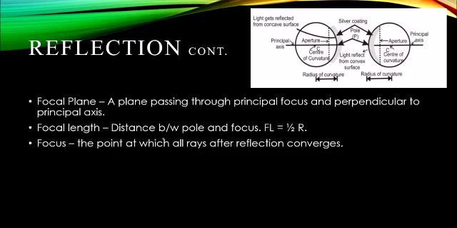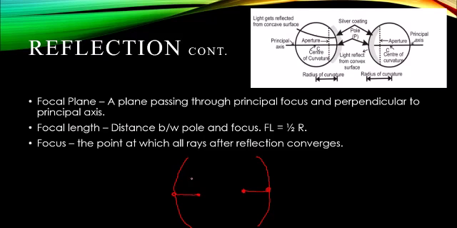Now what is focal length? It is the distance between the pole and the focus. So again we will draw both the mirrors. This is the convex mirror, this is the concave mirror. So what is focal length? This is the pole. The distance between the pole and the focus. I have drawn the focus over here and this is the focus of the mirror here.